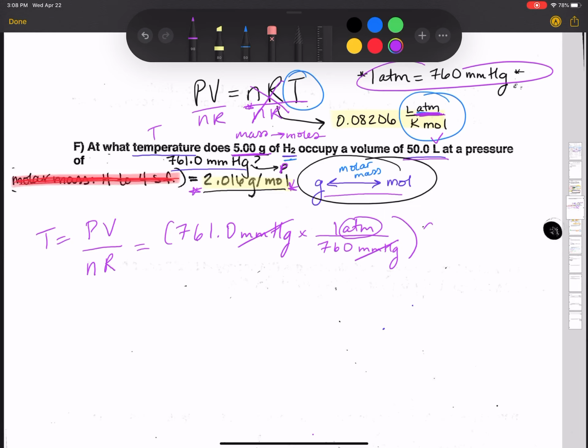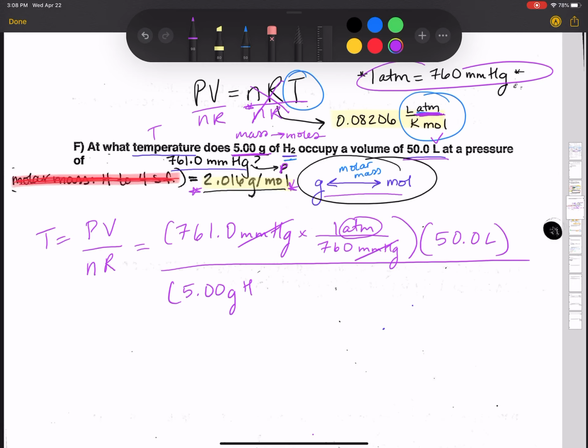Now I can move on to volume. My volume is just 50.0 liters. Liters works with liters in the R value, so I'm all set there. I can now head into the denominator and go to n for moles. I wasn't given moles, I was only given grams, so I can always convert from grams to moles by making sure I use my molar mass as my conversion factor.